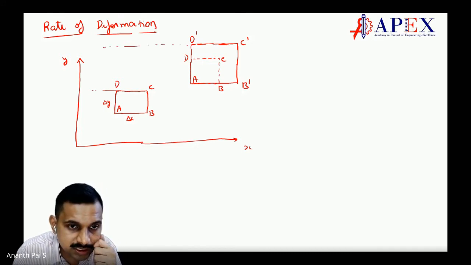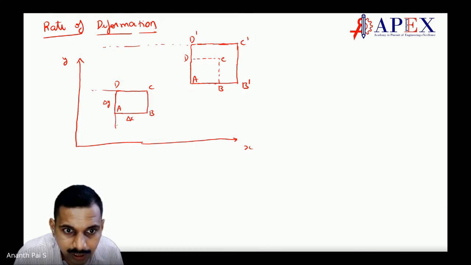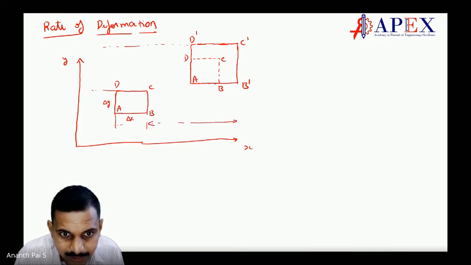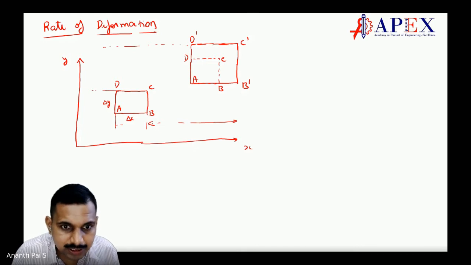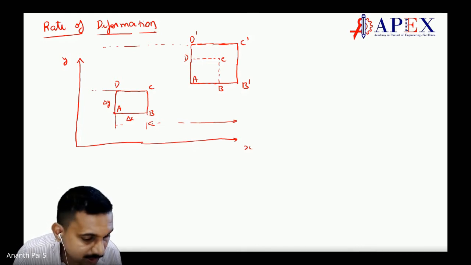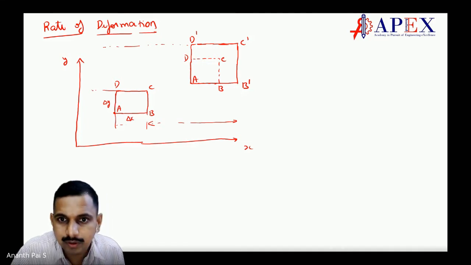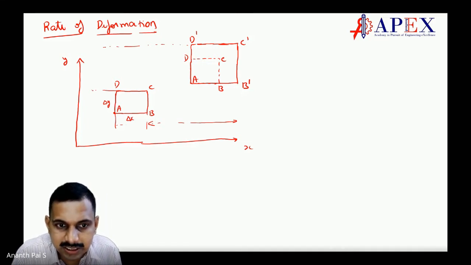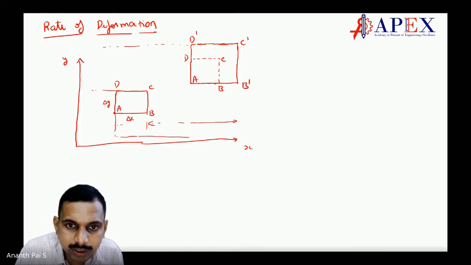What is the distance between A and B? It is delta x. What is the distance between B and B dash? When it has moved from A to this A, can you tell me what is this distance, students?